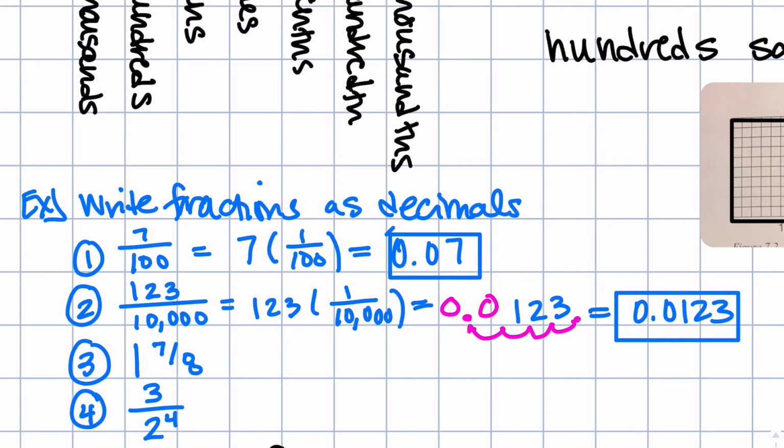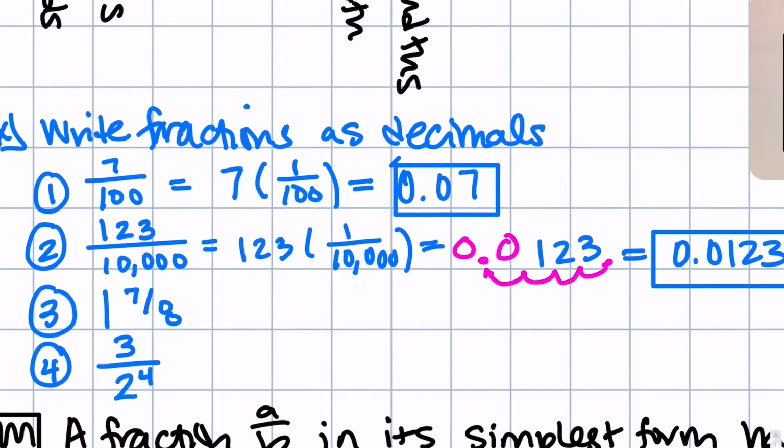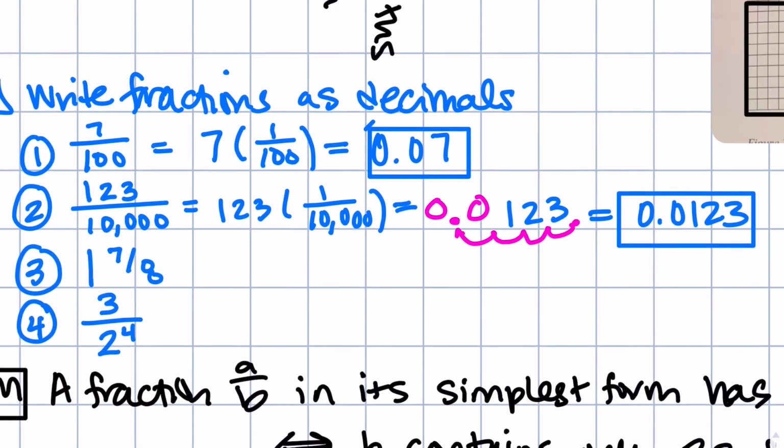Okay, so now when we look at a number like 1 and 7/8, it's a little more complicated to go into the decimal notation because I'm not over something that's already nicely written as 10 to some power, right? So remember, this notation here, 1 and 7/8, is different than this notation here.